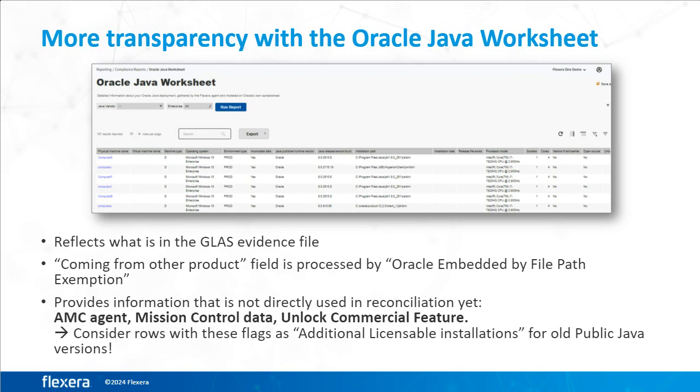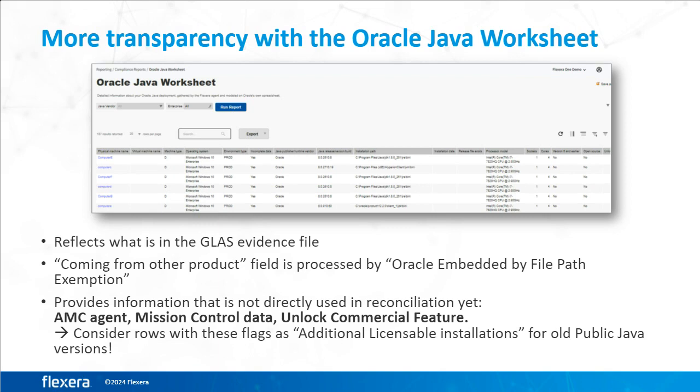And one key topic here, the 3 topics, the AMC agent, the mission control, let's say all the things that make an old Java install licensable, right? The commercial features. This report is providing the data. You can filter, you can see them.